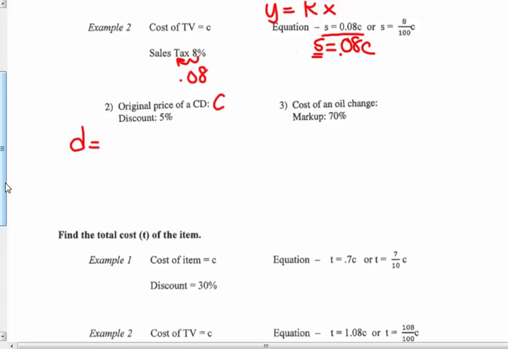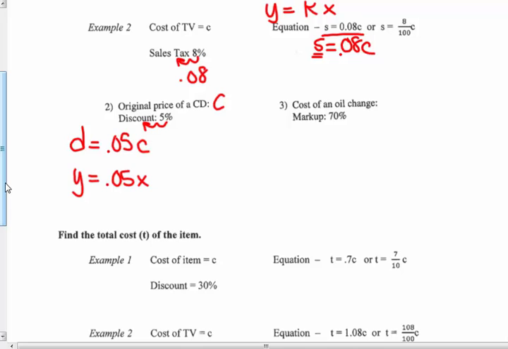I would change the percent to a decimal, 5/100ths, and multiply it by the cost of the CD. D equals 5/100ths C. I could say Y for the discount equals 5/100ths X and put it in Y equals KX form, or use D for discount equals 5/100ths times C, the cost of the CD.